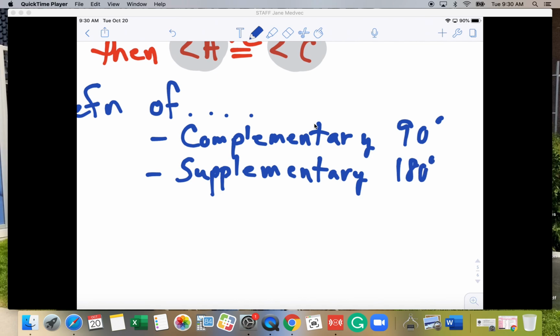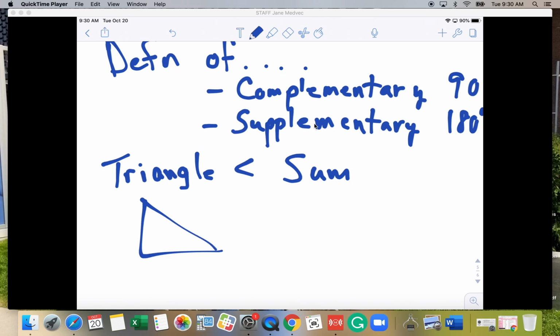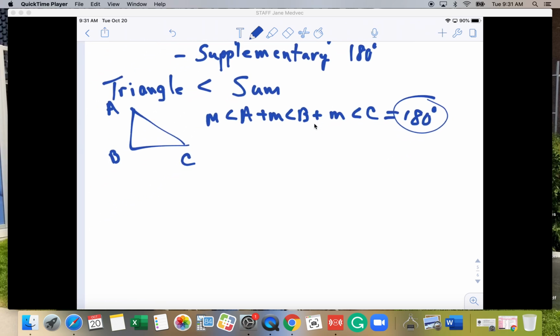You can put that. Some of the other reasons today that are different: the triangle angle sum, where if I have a triangle ABC, the measure of angle A plus the measure of angle B plus the measure of angle C equals 180 degrees. So that's an example of that.